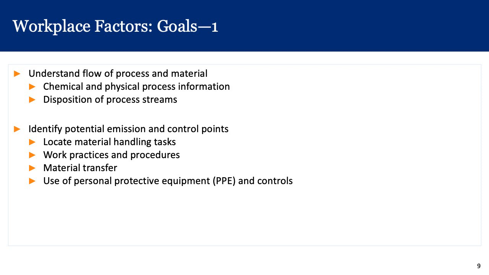We need to be able to locate the tasks that require the handling of materials. How are the work practices affecting their potential exposure to these hazards? And are they using any personal protective equipment or PPE? And are there any other kinds of engineering and administrative controls in place?